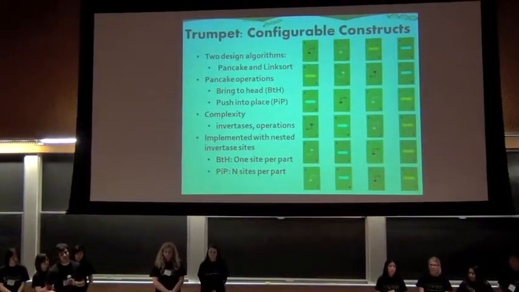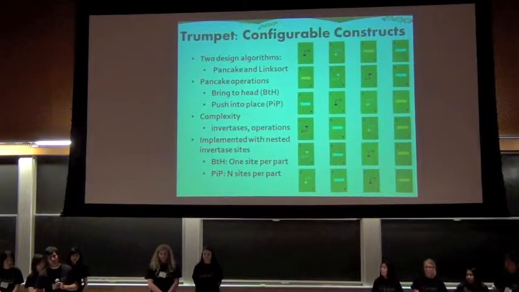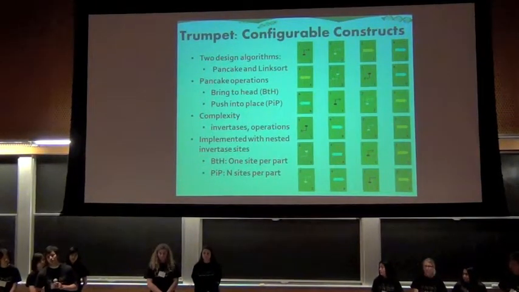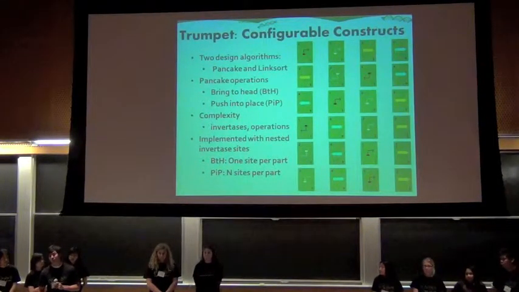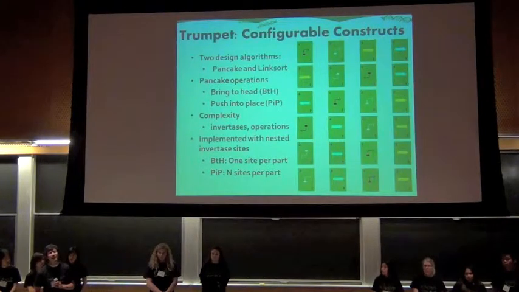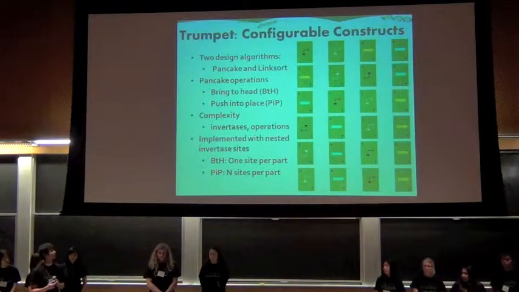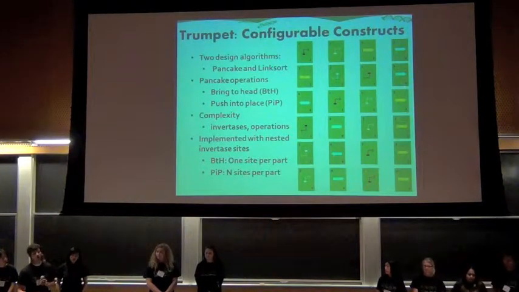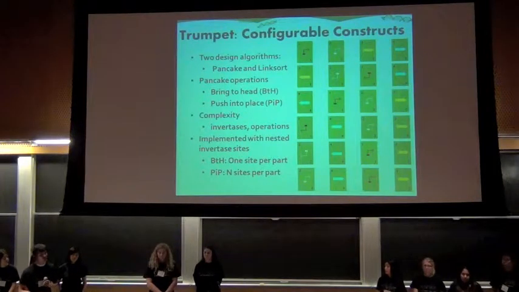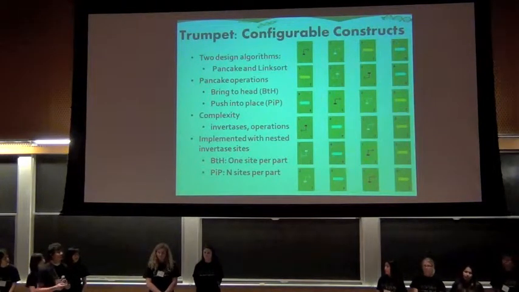The complexity of our designs depends on 2 factors, the number of inversion operations and the number of invertase sites. The pancake algorithm, which uses nested invertase sites, needs 1 recognition site per part for a bring-to-head operation. And for each push into place operation, it needs n sites per part.